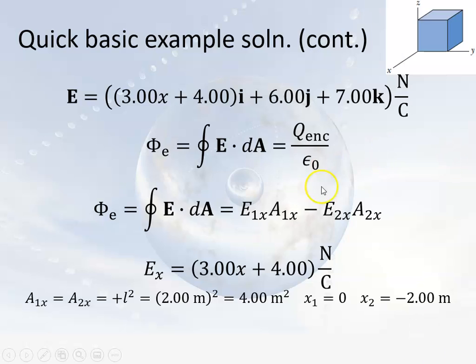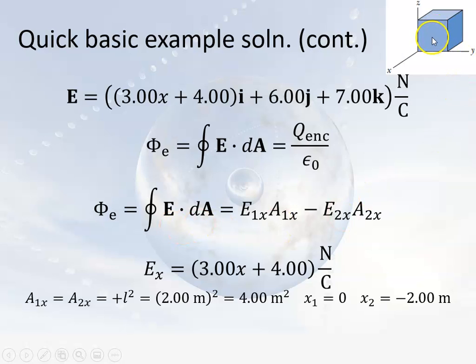Now, why did we have a minus sign right here? I thought this dot product stuff was supposed to be a plus. I thought this whole integral was saying that we were adding stuff together. So here's the thing. Yes, the integral is saying that we are adding things together, but remember what's inside of the integral, E vector dot dA vector.